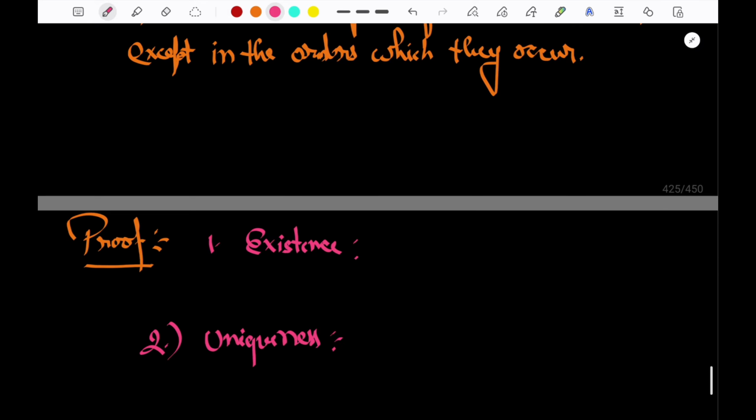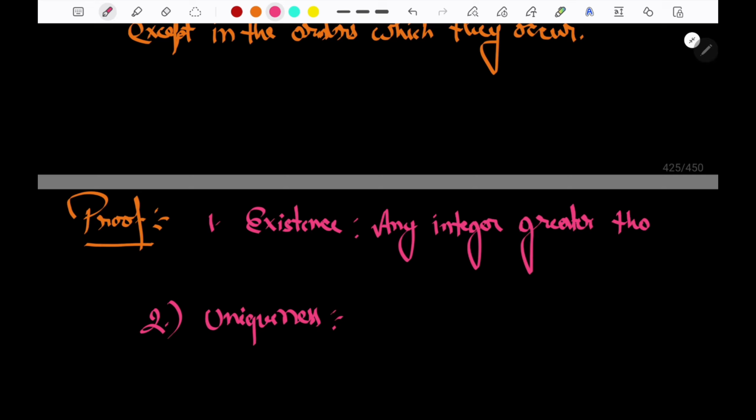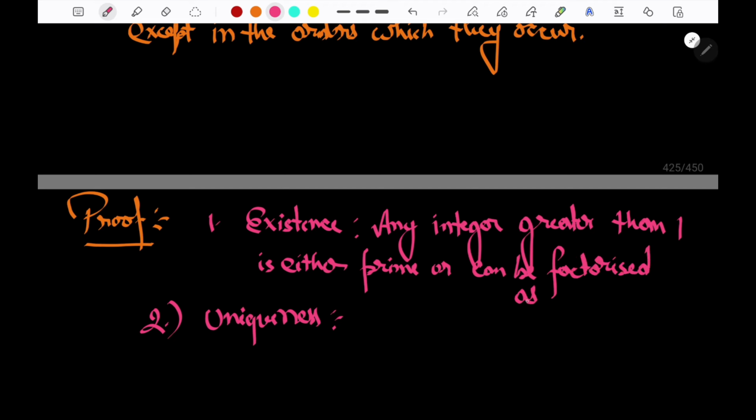So what do we mean by existence? Existence means any integer greater than 1 is either prime or can be factorized as a product of primes. That is what we are required to prove.